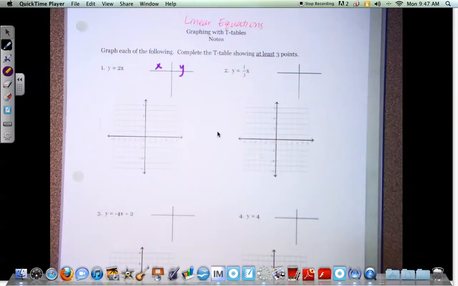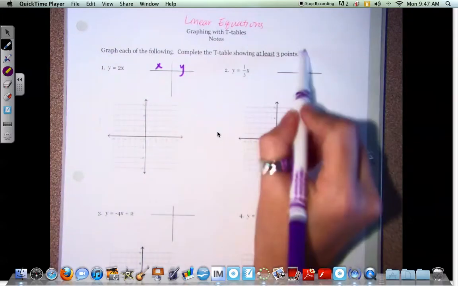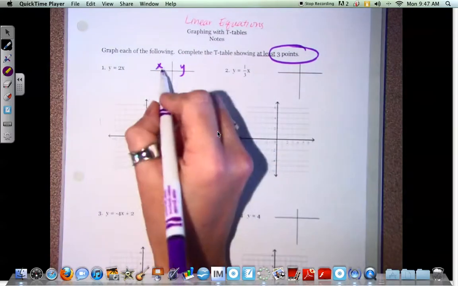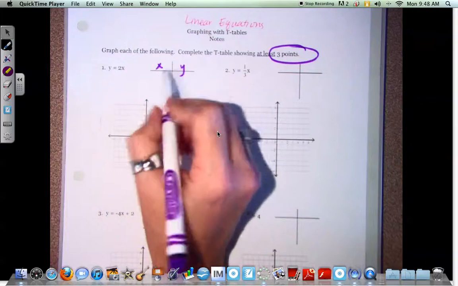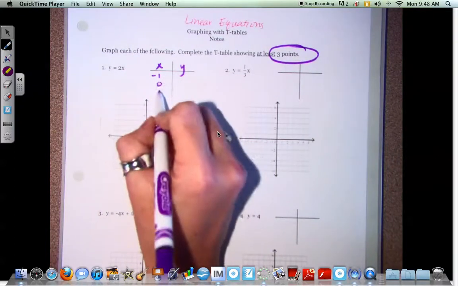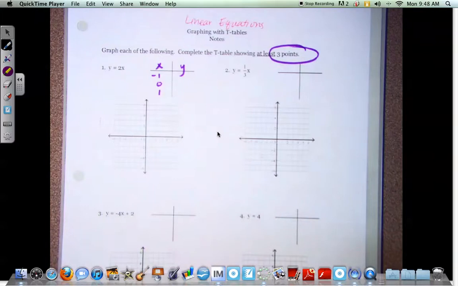So I choose 3 points, and I usually choose a negative number, 0, and a positive number. So I usually choose negative 1, 0, and 1. You don't have to use those 3 points, but it makes it easy for the multiplication.